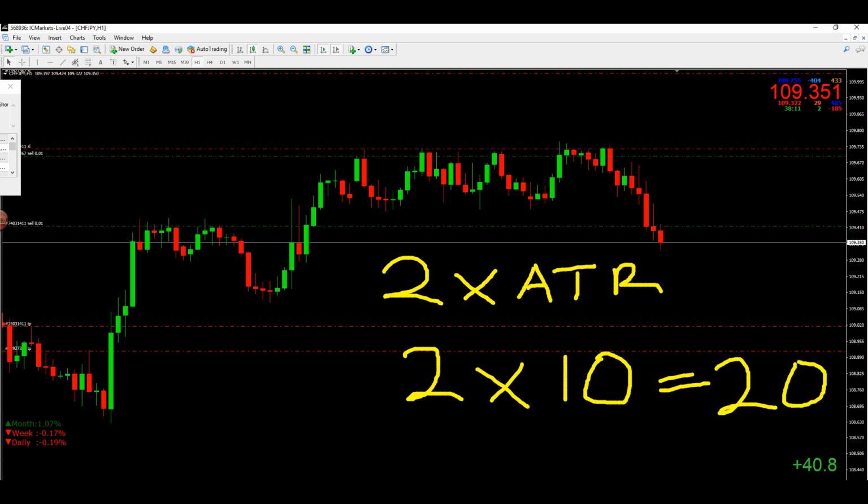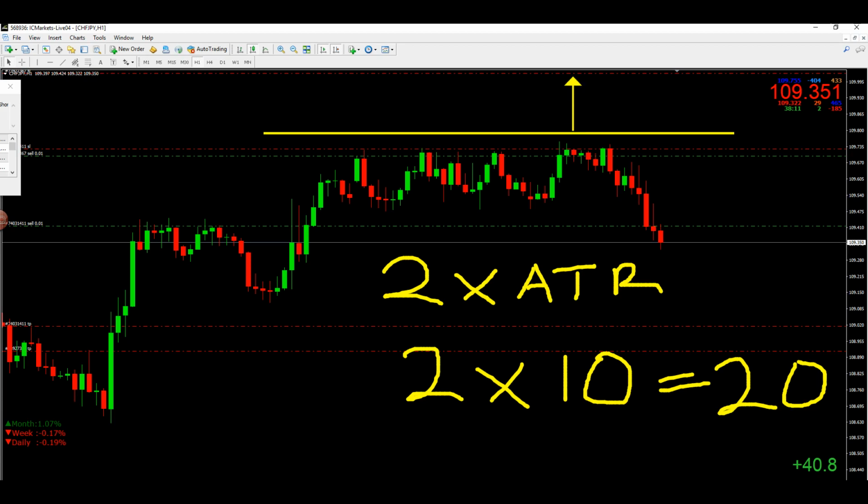So what I would then do is place this as the line of resistance. This is not an area, a line of resistance. Call it a line of resistance, and 10 pips on top of that. So you want to then add 10 pips on top of that.